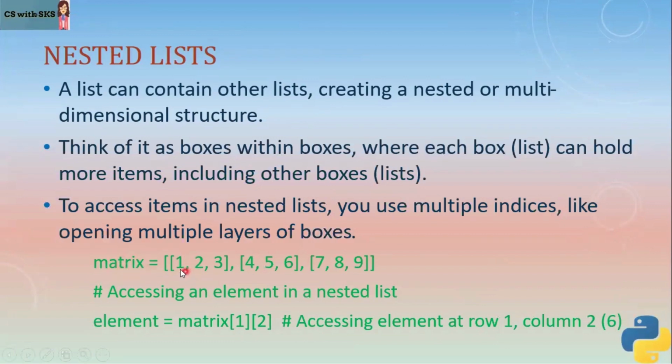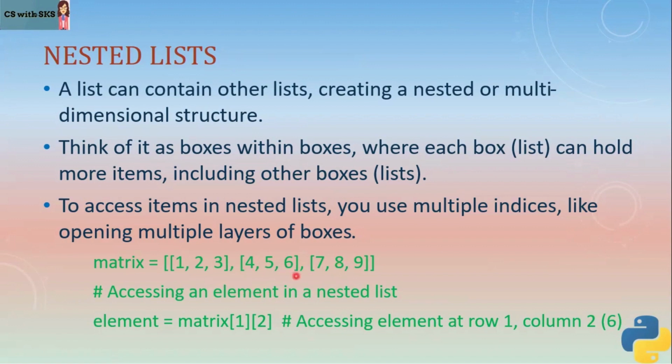So here I have a list having 3 other lists in it as list items. So first one is 1, 2, 3. This is also a list. This is having 4, 5, 6. This is also an individual list. This is having 7, 8, 9. This is also an individual list. So one list is having 3 other lists in it, right?